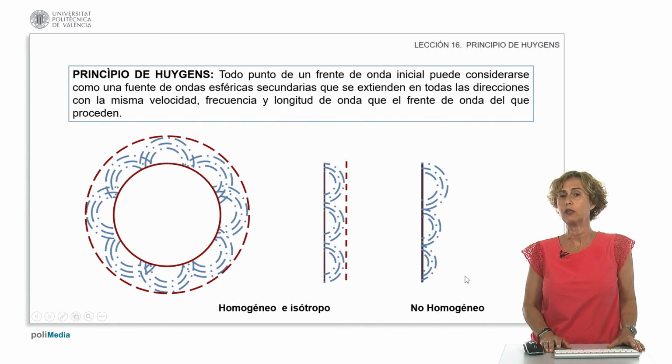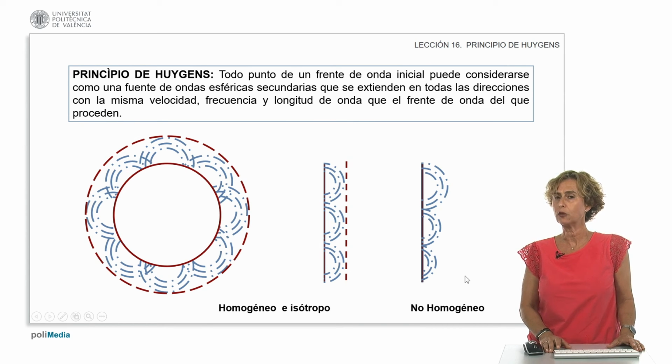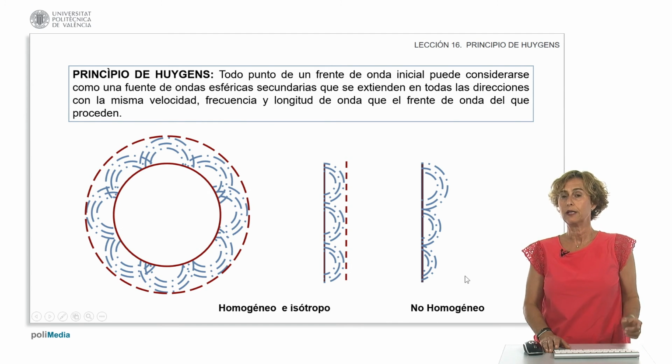In the third case, it tells us that the medium is non-homogeneous. Therefore, what it means is that the velocity of all points is not the same. An example of this would be the sea. In the sea, the velocity is different depending on the depth. If the medium is inhomogeneous, the velocity of all the points is not the same, and therefore it travels through different distances even if the same time elapses.